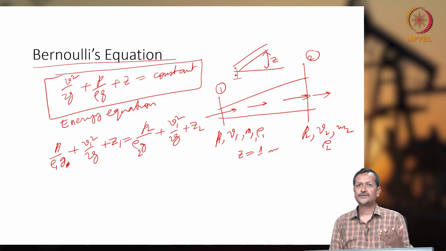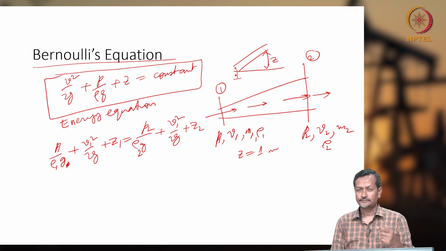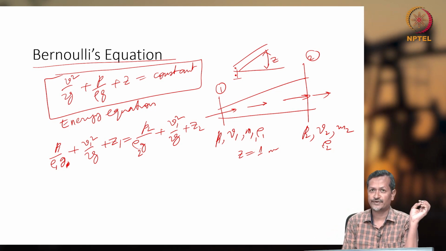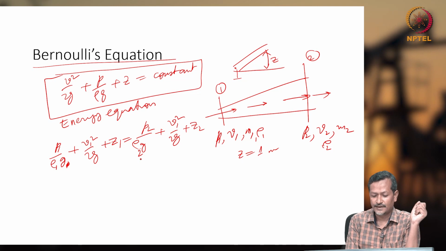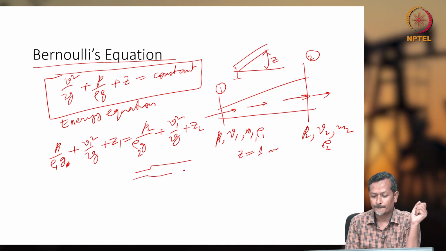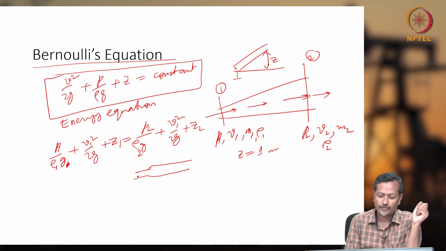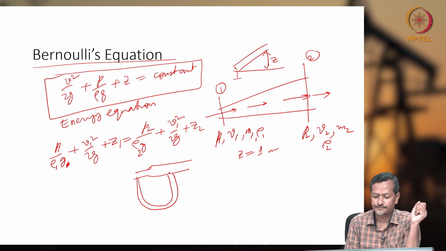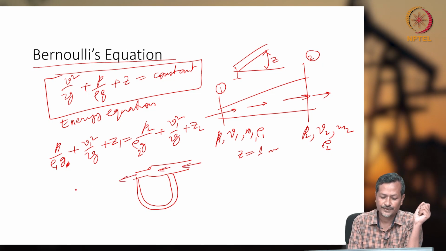And how the Bernoulli's equation came up? If you are a mechanical engineering student, you may have done already the experiment, actually venturimeter experiment. So there you have one pipe like this, and you have one U-tube manometer. Fluid is flowing like this.